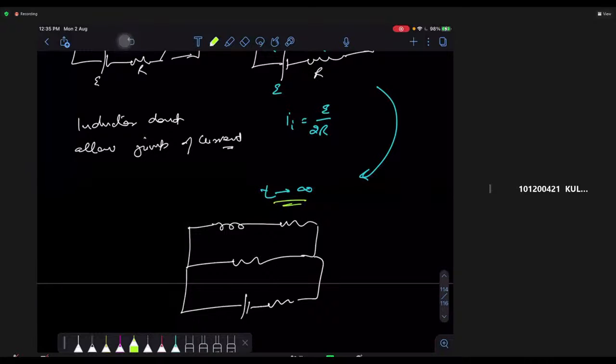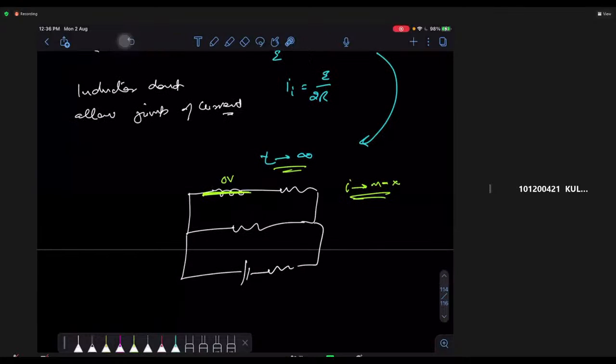In a steady state, the current reaches its maximum value, so the current is simply not changing. So the inductor simply behaves as a plain wire. So at infinity, the inductor is just like a plain wire.